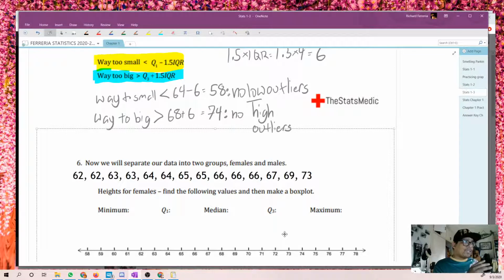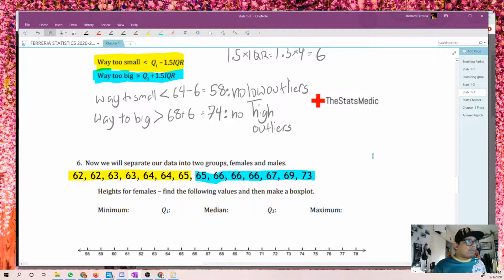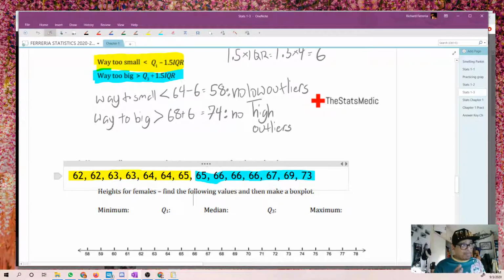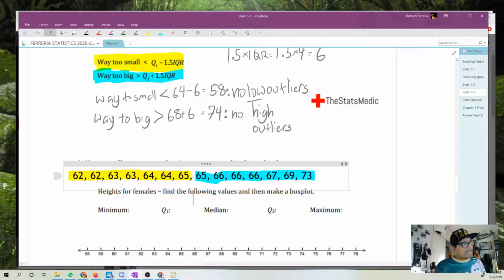The lower 7 heights will be the lower half, and the upper 7 heights will be the upper half of the female heights. Now that we're separated into lower half and upper half, the median is going to be somewhere right around here, between 65 and 65. Since it's the same number, the median height is 65.